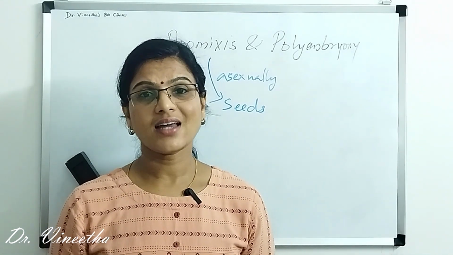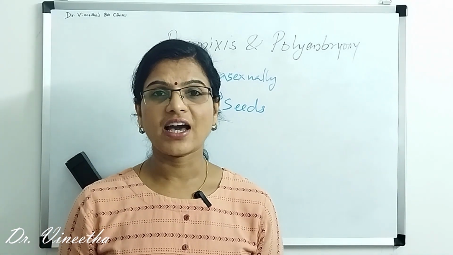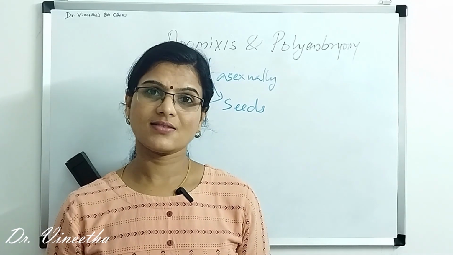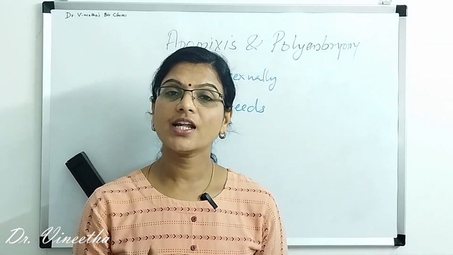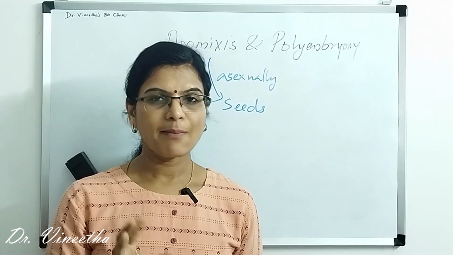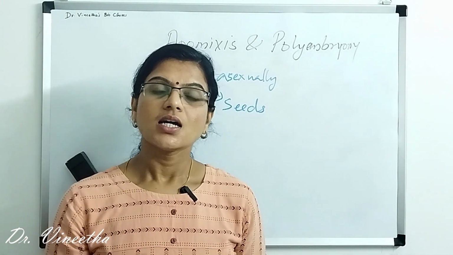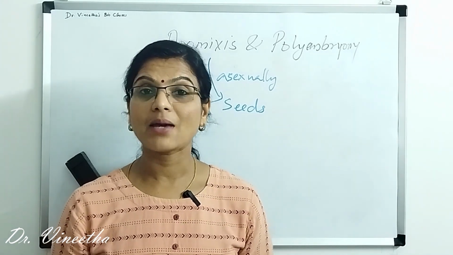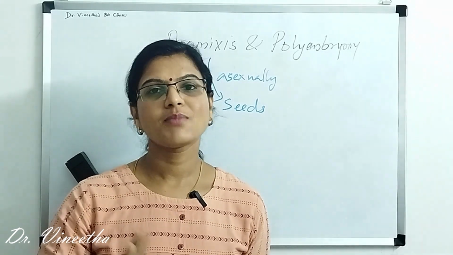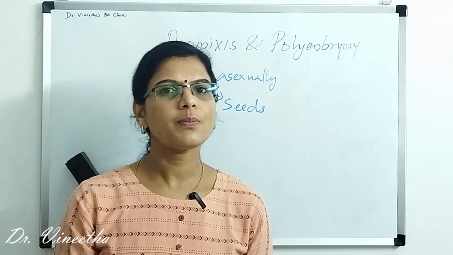You have already studied that the female gametophyte undergoes meiosis in the embryo sac, right? And after meiosis, the ploidy of the cell will be haploid, right? But here, the megaspore mother cell does not undergo meiosis. It bypasses meiosis. So if meiosis doesn't happen, then the cell will be diploid.